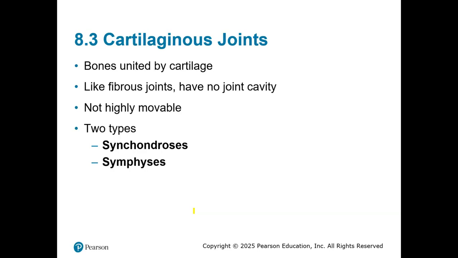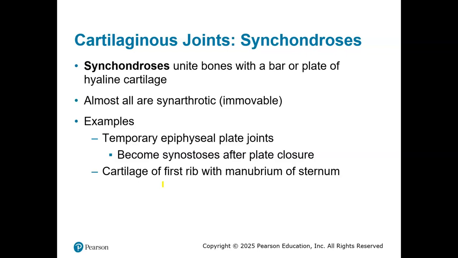Now, our cartilaginous joints are not highly movable, but they're united by cartilage rather than ligaments. There are synchondroses and symphyses. A synchondrosis is almost always synarthrotic, meaning immovable.